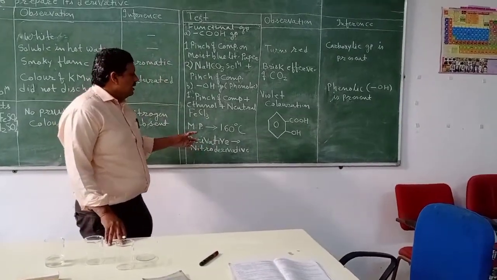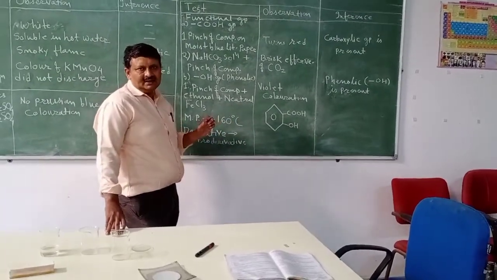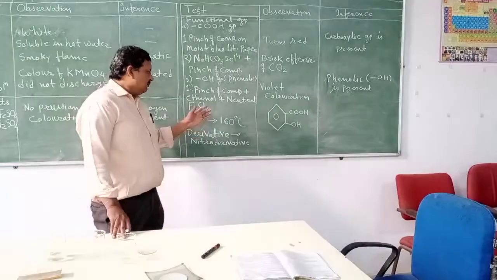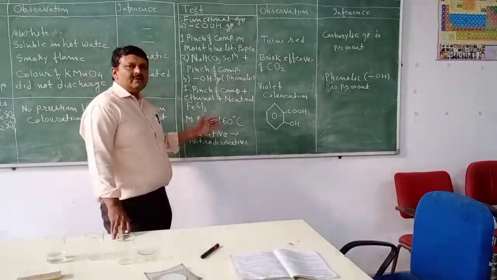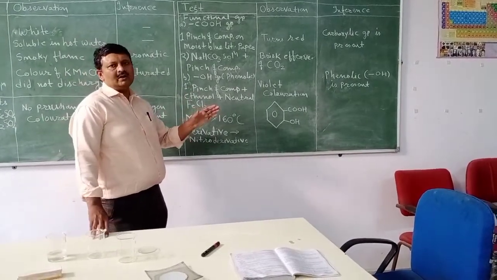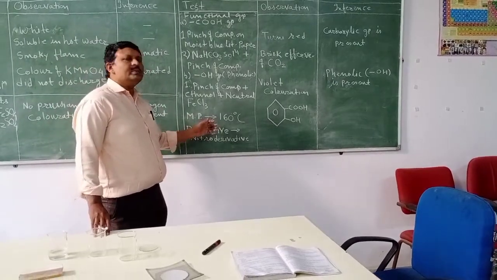To that, we have to add dilute nitric acid and boil it. After boiling for 5 minutes, we have to pour that solution into ice cold water taken in a beaker. You will find a yellow precipitate.